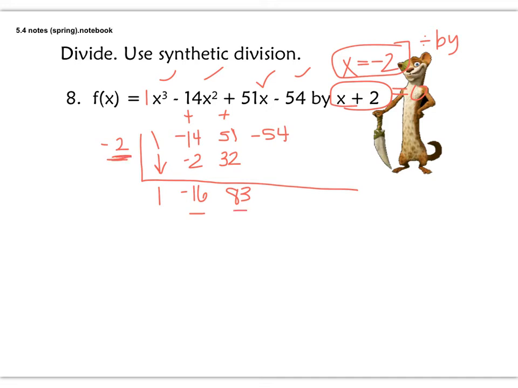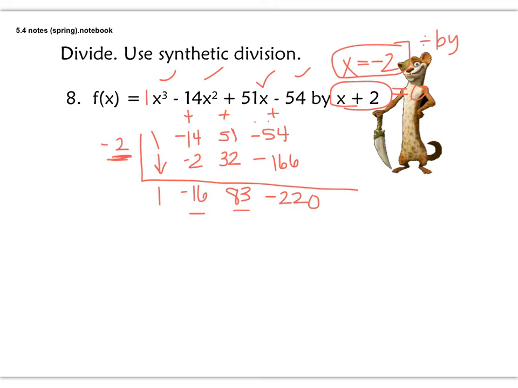Multiply negative 2 and 83 is negative 166. And then we're going to add. And adding that together is going to give me a negative, let me do some basic math here in my head, negative 220.